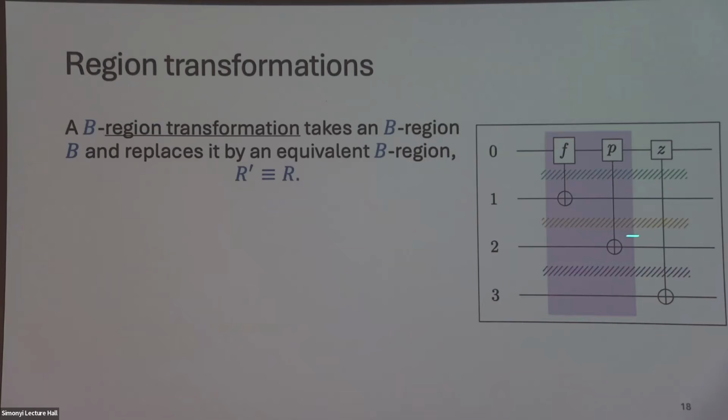In this case, there are 3 barriers. And I have these F and P gates, which both don't cross the purple barrier. So what I'm allowed to do is replace them by an equivalent set of gates that also doesn't cross the purple barrier. For instance, these F and P gates commute, so I can just swap them. And because the original circuit doesn't cross the purple barrier and the new sub-circuit also doesn't cross the purple barrier, this is an allowed move.